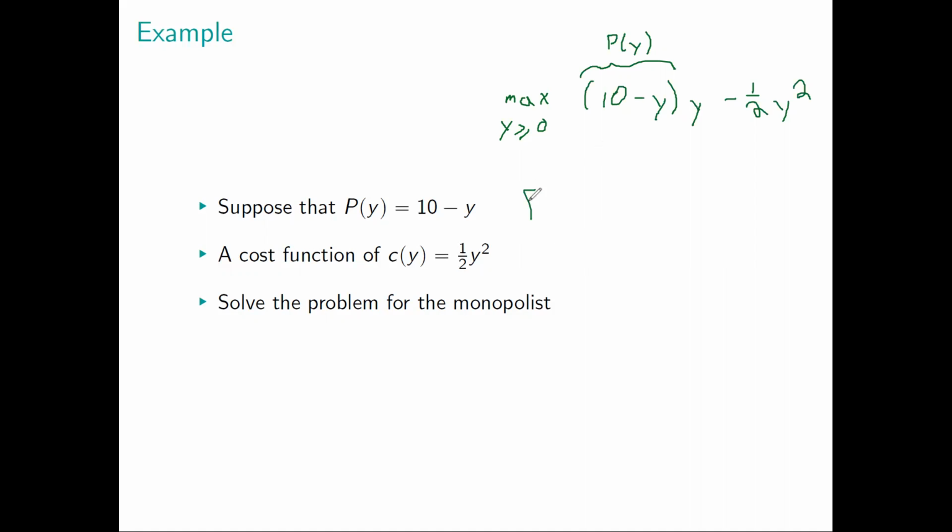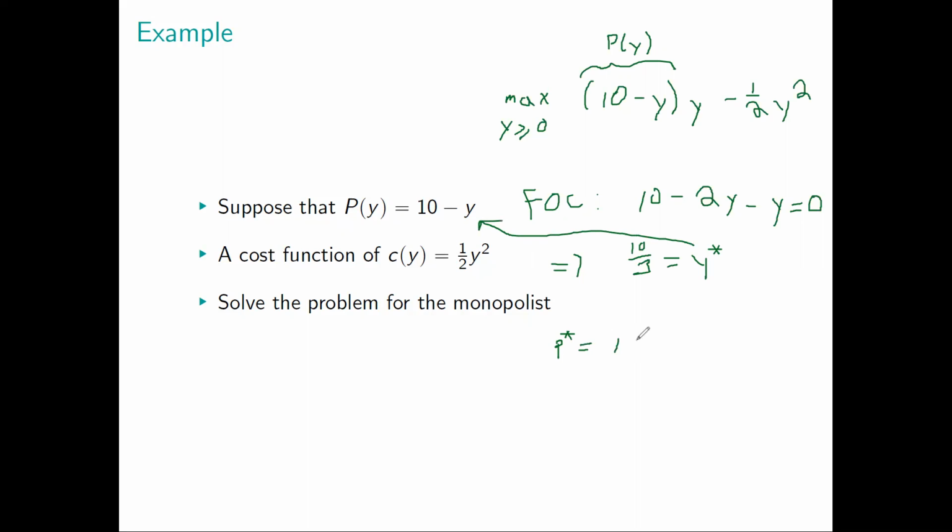So looking at the first order condition, we get 10 minus 2y minus y equals 0. If we just rearrange this and solve, we're going to get 10/3 is equal to the optimal output. And then we can also find the price for the monopoly by plugging this into the inverse demand.